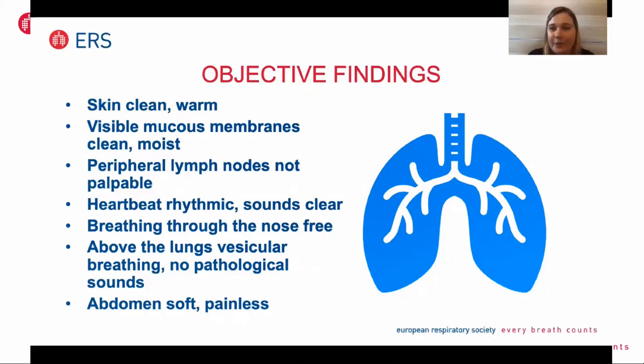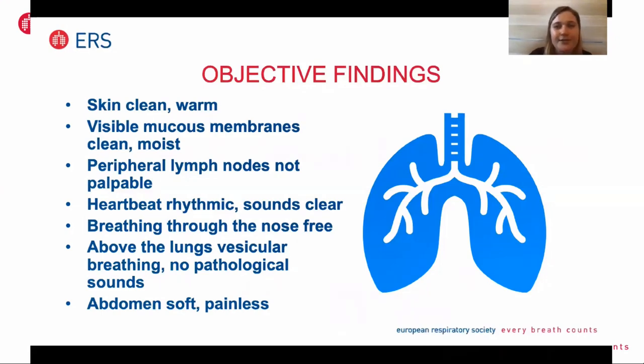Actually, everything was in the normal range. His skin was clean, visible mucosa was moist, there were no peripheral lymph nodes palpable, heartbeat was totally rhythmic, and breathing through the nose was free. We couldn't hear any specific or pathological sounds in the lungs. The abdomen was soft and painless.